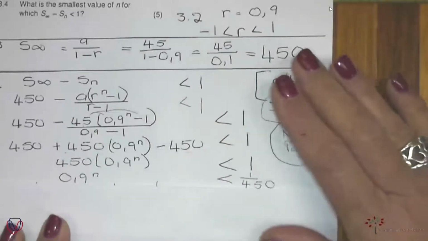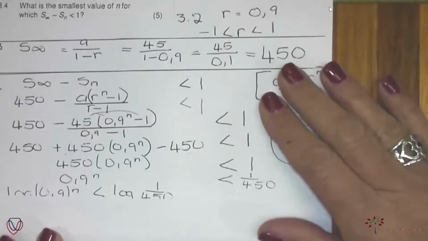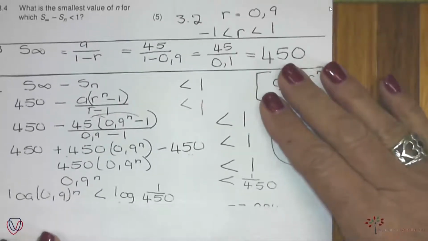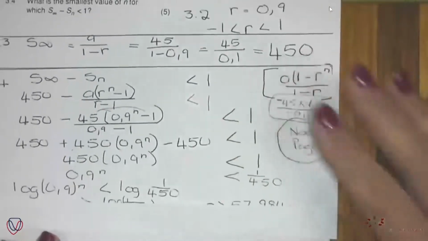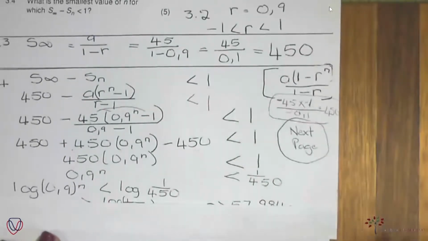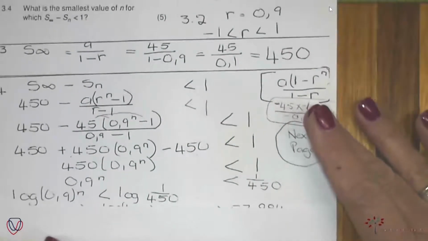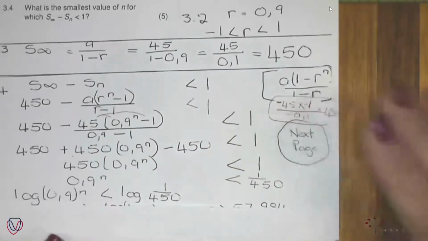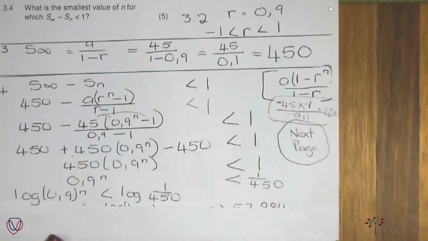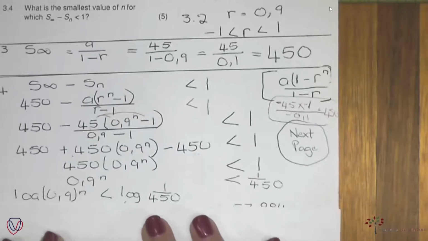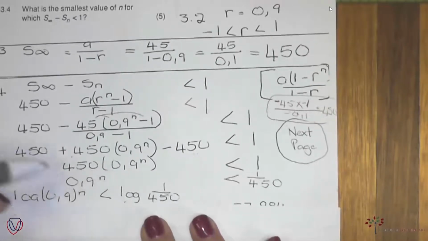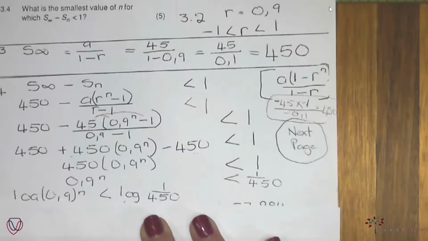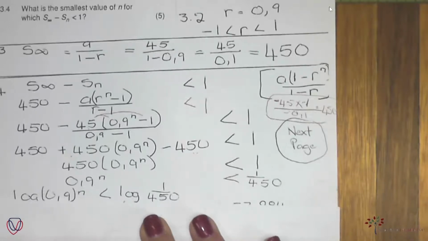So the easiest way to do this is to rewrite this into log form. People, to find n, the only easy method is to rewrite this into log form. So if you cannot solve an exponential equation, you rewrite it into log form.